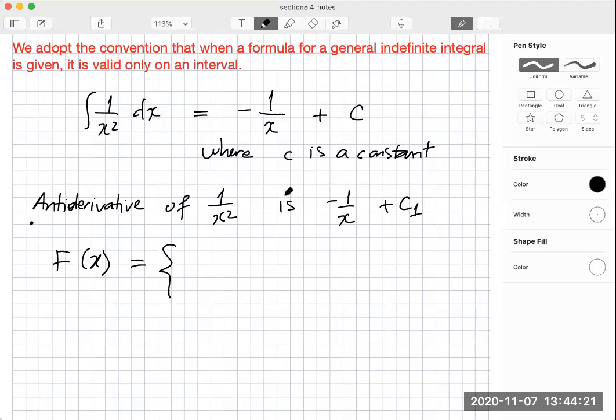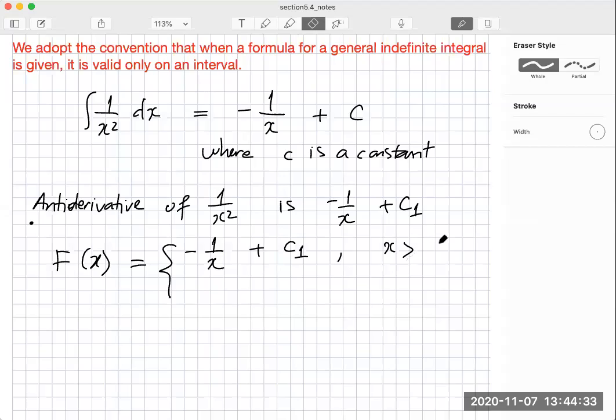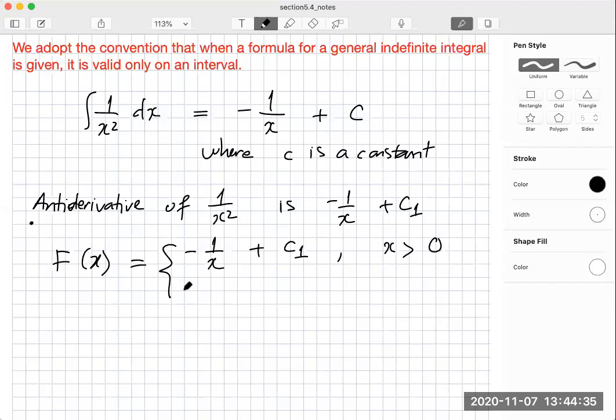In general, the antiderivative would be negative 1 over x plus a number c1 if x is positive, and negative 1 over x plus a number c2 when x is negative.